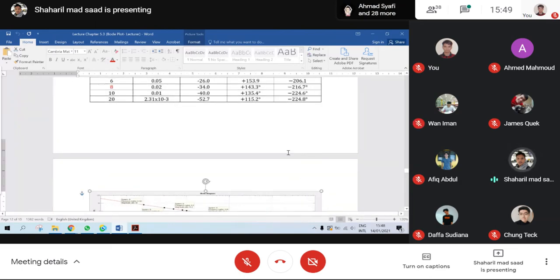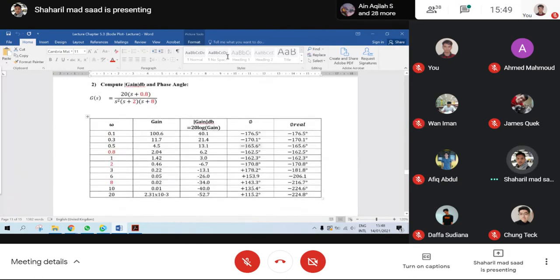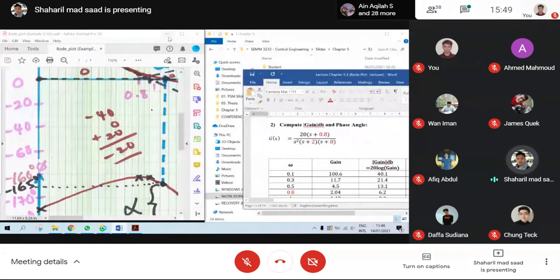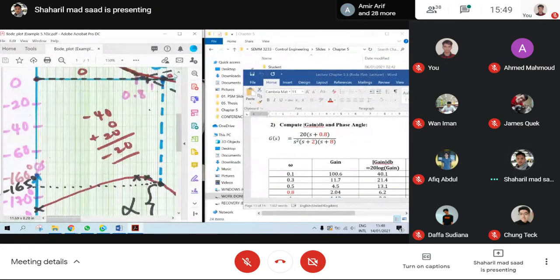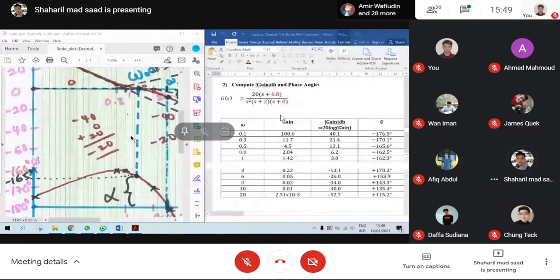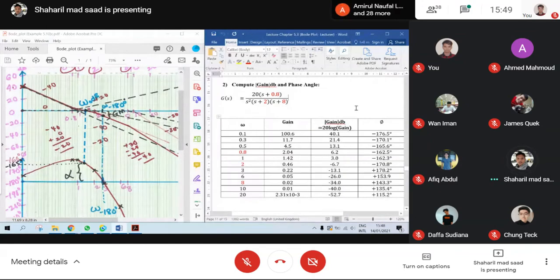Alright. So this is the easiest method compared to the approximate asymptote. Okay. Macam mana? Senang? Boleh faham? Alright.